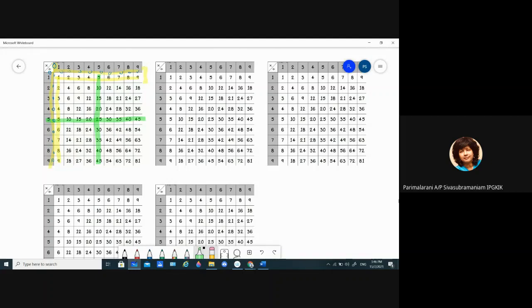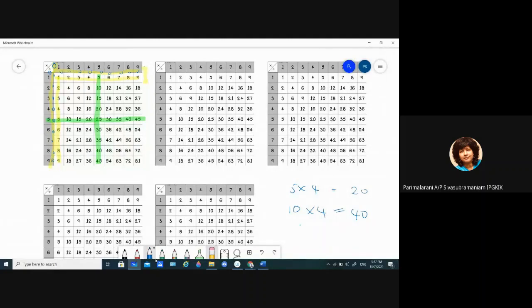It means we are teaching them, say you want to know what is 5 times 4. So to know what is 5 times 4, we think 10 times 4. 10 times 4 is 40. So 5 times 4 is half of that, 20.